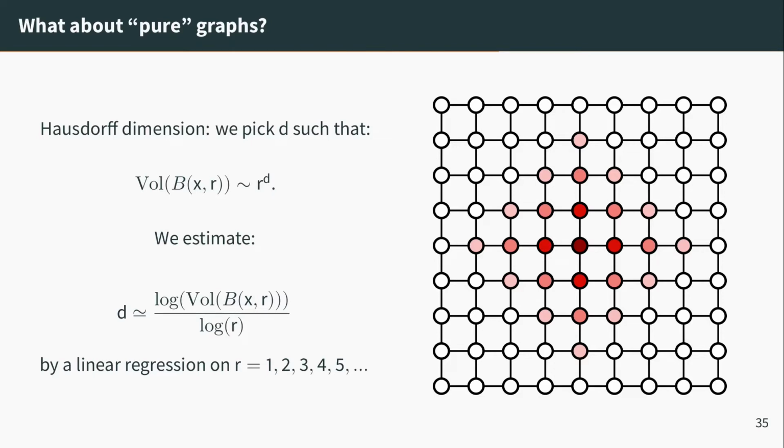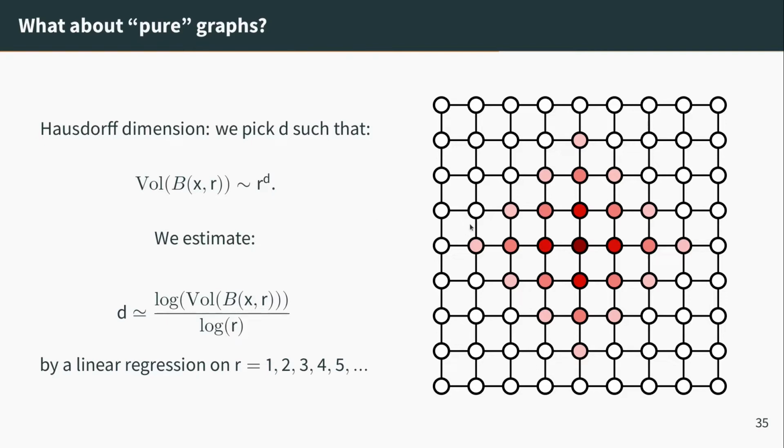And so instead, an idea that also comes from fundamental mathematics is to try to compute a kind of Hausdorff dimension. So look at the volume of balls of radius r.